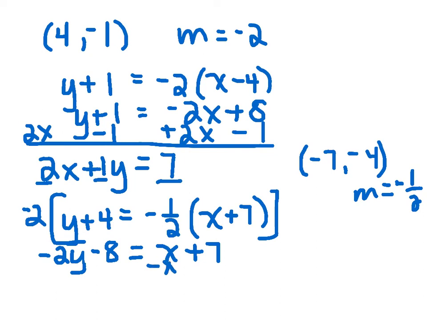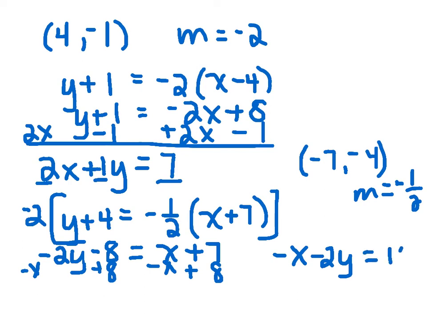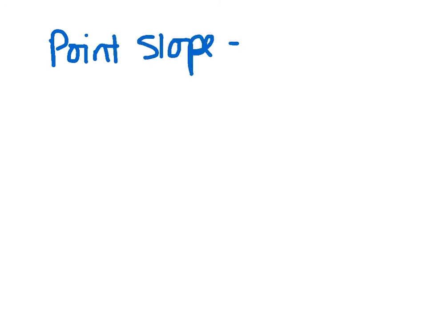So now I need to get my x's on the same side of the equation as the y's, and my constants over here, and that gives me negative x minus 2y is equal to 15 in standard form. So in general, the thing you need to know, with point slope, all you have to do is substitute into the formula.